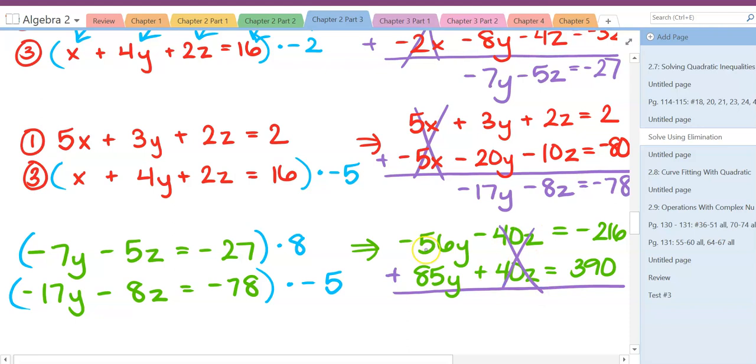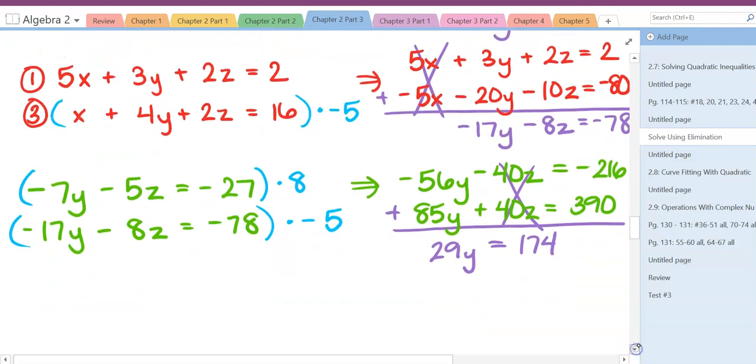Negative 56 plus 85 is going to be positive 29y equals negative 216 plus 390 is 174. To solve for your y, you divide both sides by that 29. And y is going to come out to be 6.